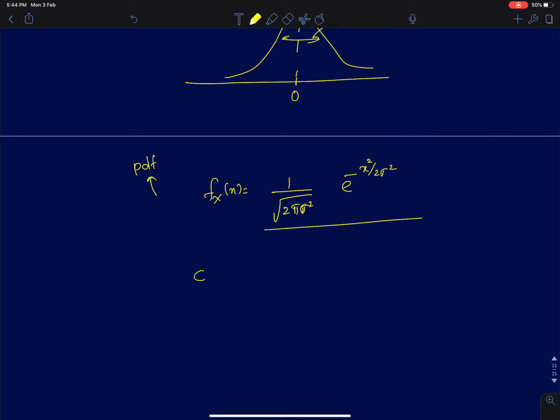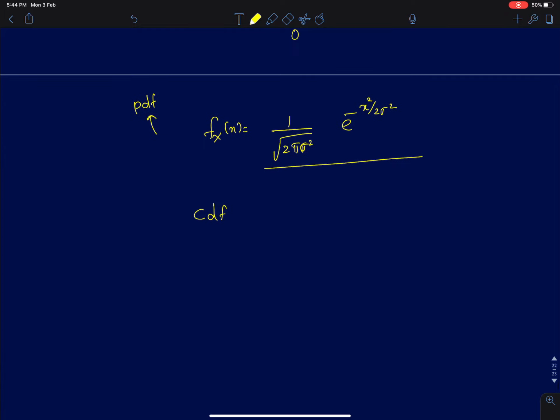The next is the CDF, cumulative distribution function. That is nothing but the integral from minus infinity to x of fx of x dx. Here x is just a variable; I can call it fx of t dt also.